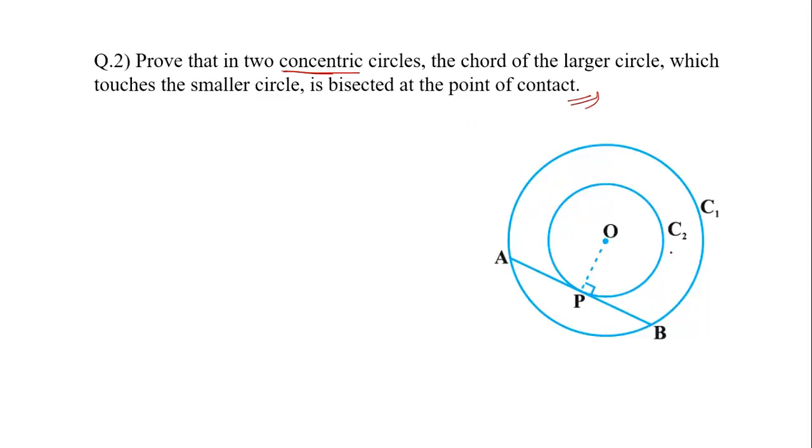As we can see by this diagram, two concentric circles C1 and C2 are there, and the line AB is a chord for the C1 circle, the larger circle, and a tangent for the C2 circle, the smaller circle. So we have to prove that AP is equal to PB. So we must do some construction here.